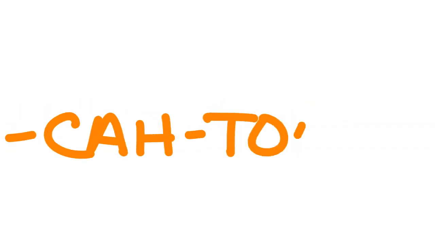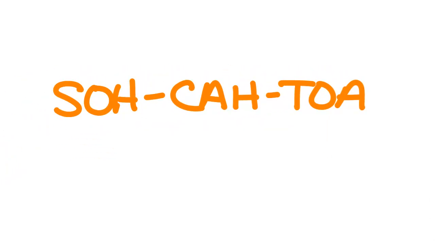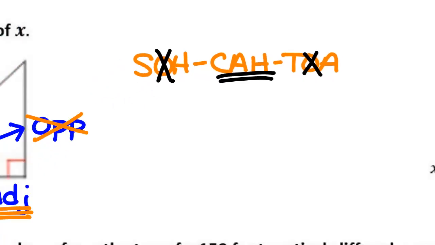So when we do SOHCAHTOA, which side do we get rid of? Which side are we not going to be looking for at all? Opposite. So that gets rid of this one here, and it gets rid of this one. Yes, so it has to be cosine.